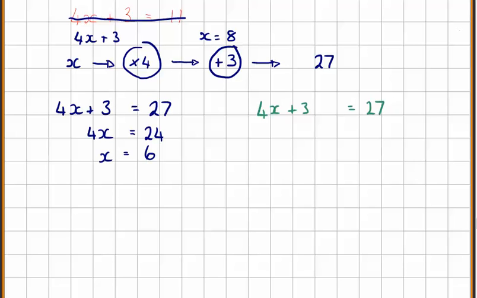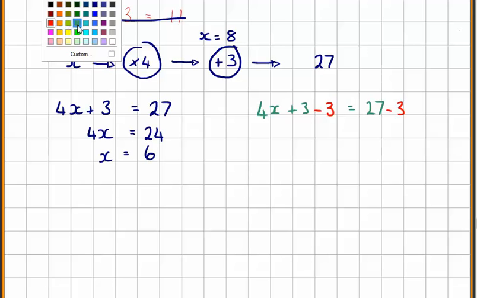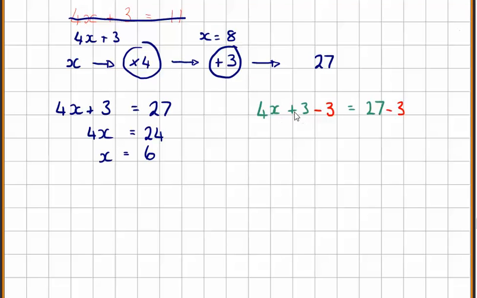You had to find what a number minus 3 makes. So we have 27 minus 3. The first thing we do is take away that 3 from both sides. If I write it like that, that gives me the solution I'm looking for. So 4x plus 3 minus 3 leaves what? 0.